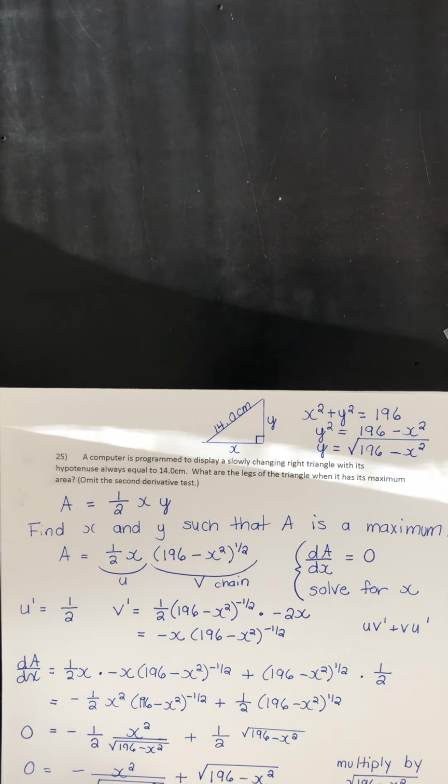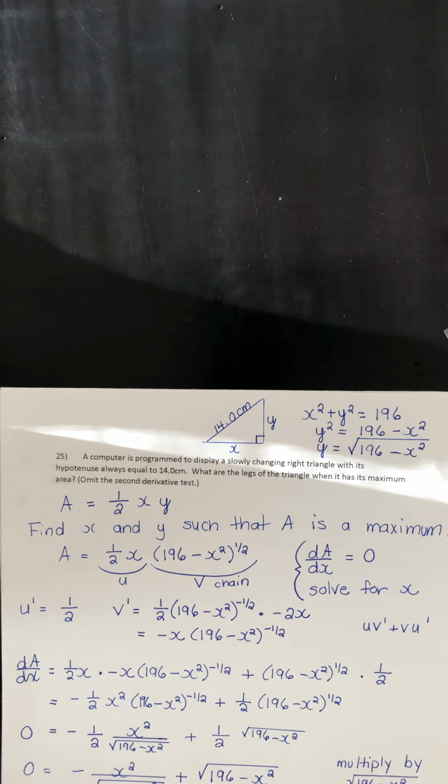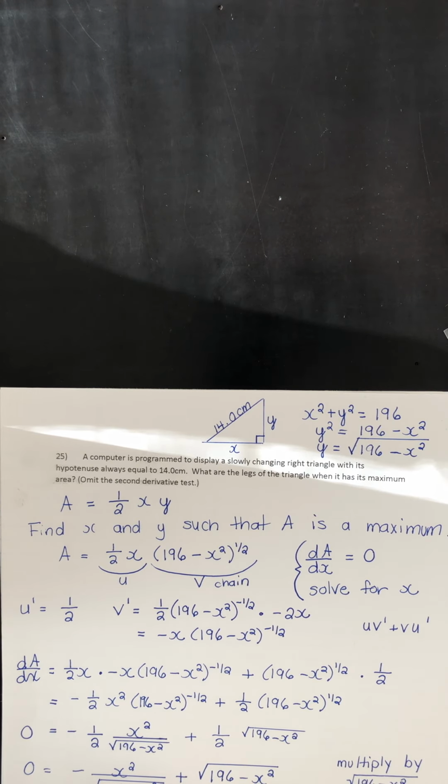Well, that's kind of cool because this now simplifies to be 196 minus 2x squared. If we just collect these 2 like terms here, the bracket serves no purpose because the coefficient in front of it is 1. Now we can solve for x. 2x squared is 196.